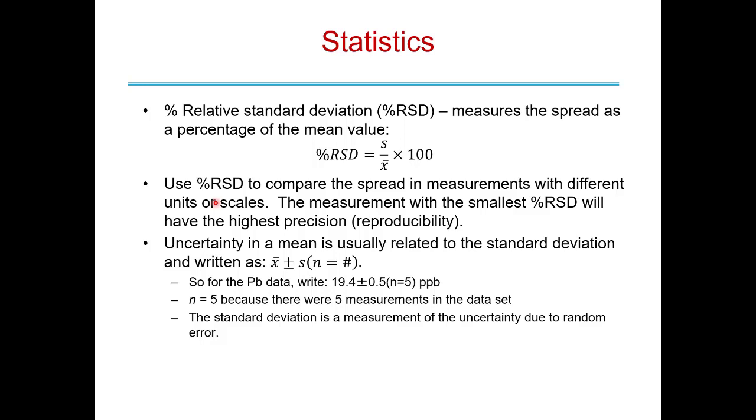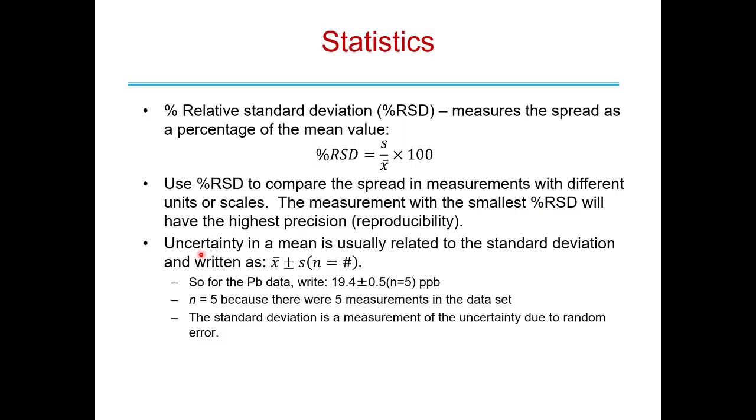How do those precisions compare? Again, they're different units, so you can't compare their absolute standard deviations. So we use relative standard deviation to do that. Measurements with the smallest percent RSD will tend to have the highest precision, the highest reproducibility. So this is a great way to compare precisions of different measurements.